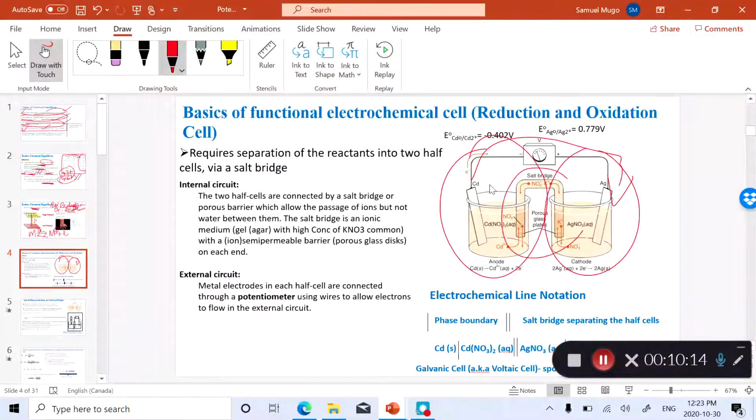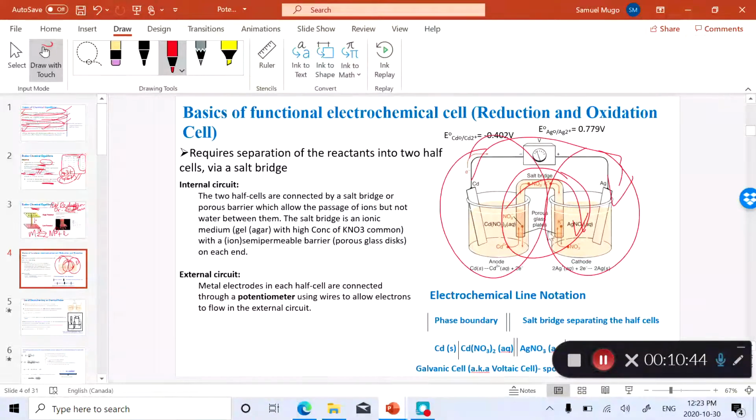And the inner circuit is conjoined by what you refer to as a salt bridge. A salt bridge is really just a membrane that can help in the transfer of the ions between the two beakers or the two half cells. And so the inner circuit transfers the ions across the salt bridge.